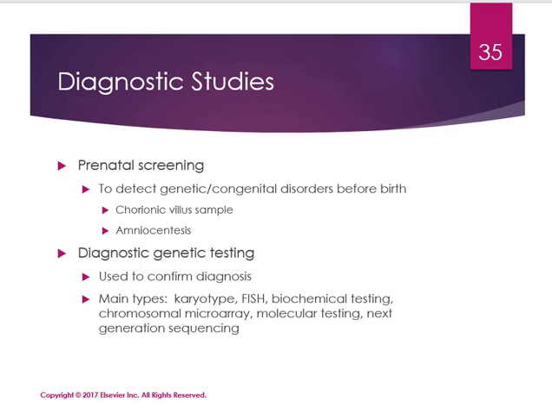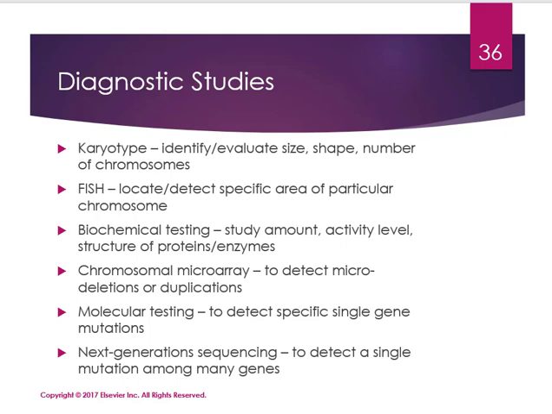And the main types of testing for this would be karyotype, FISH, biochemical testing, chromosomal microarray, molecular testing, and next generation sequencing. So in more detail on those, karyotype is identifying and evaluating the size, shape, and the number of the chromosomes. FISH is locating and detecting specific areas of a particular chromosome.